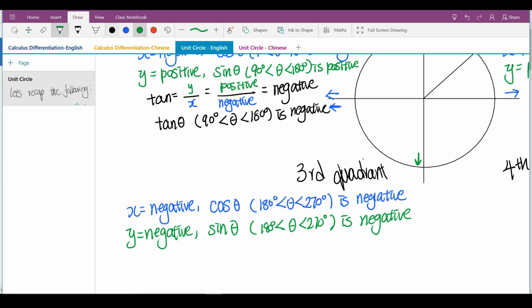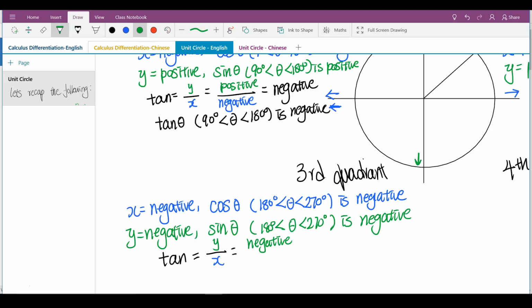But for tan, there's good news. Tan is equal to y over x, sine over cos, and in this case they are both negative.